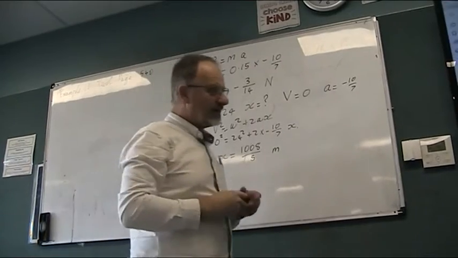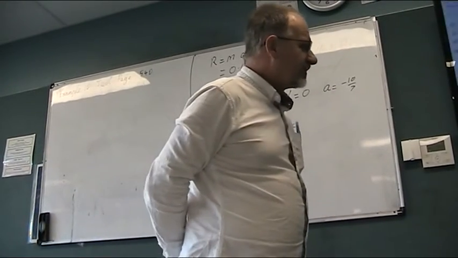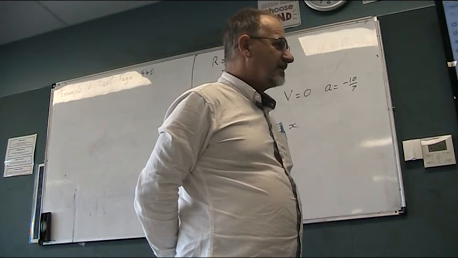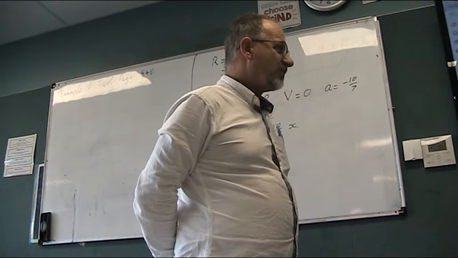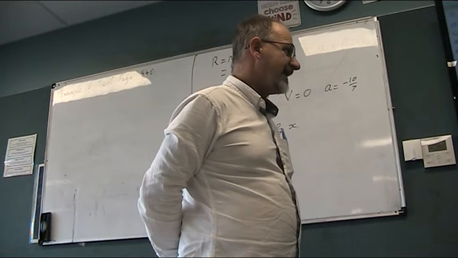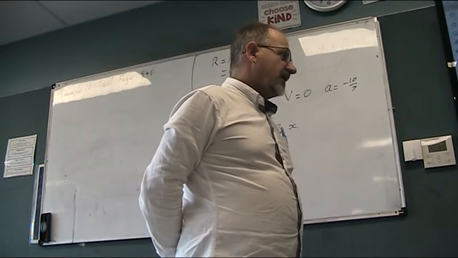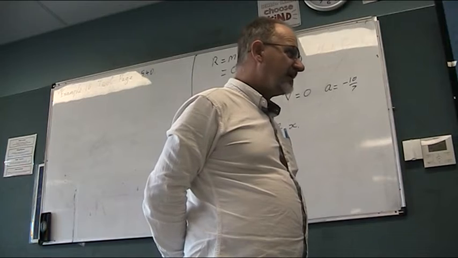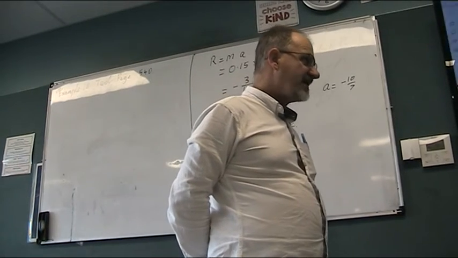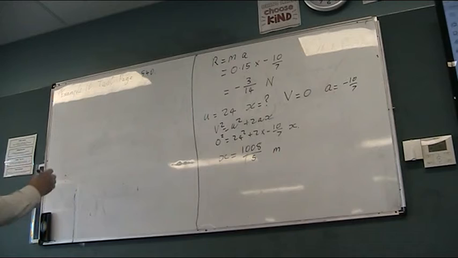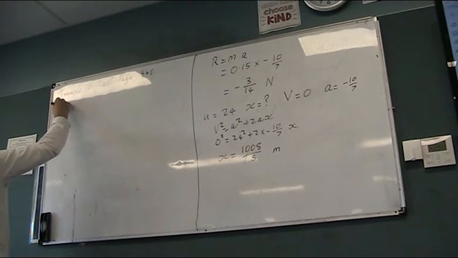Let's have a look. Three forces, F1, F2 and F3 act on a particle of mass 2 kilograms. F1 is 2i plus 3j, F2 is 4i plus 2j, and the acceleration is 4i metres per second squared. Find F3.